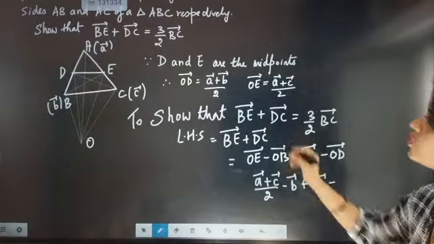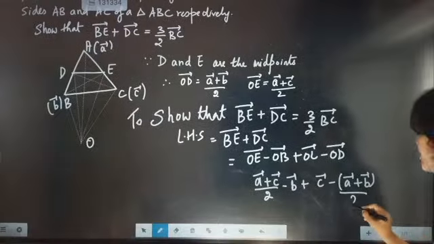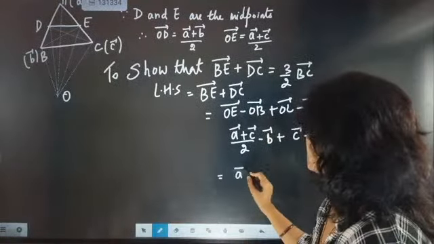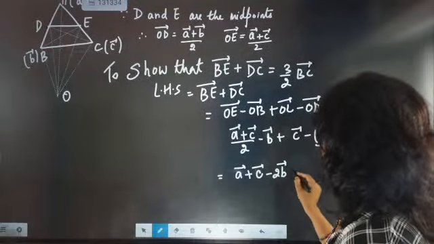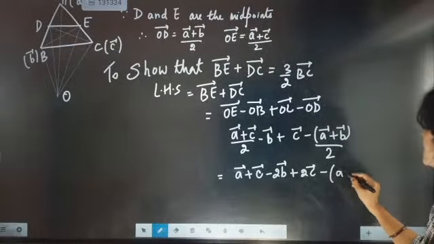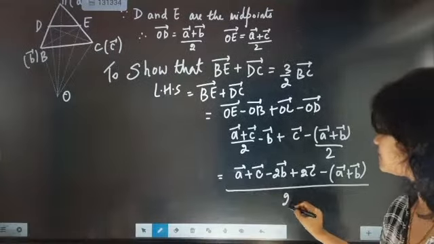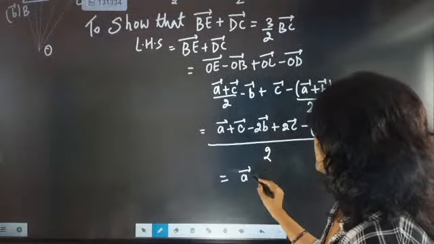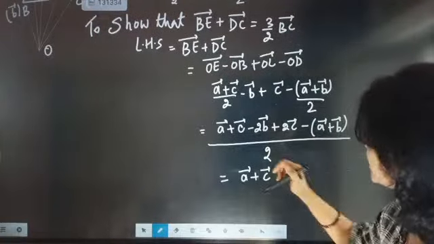C vector, minus OD vector, which is (A vector plus B vector) by 2. So we get (A vector plus C vector minus 2B vector plus 2C vector minus A vector minus B vector) divided by 2. A vector and A vector will get cancelled.